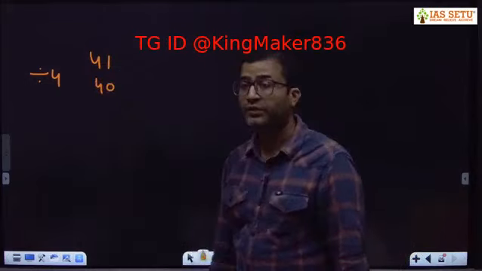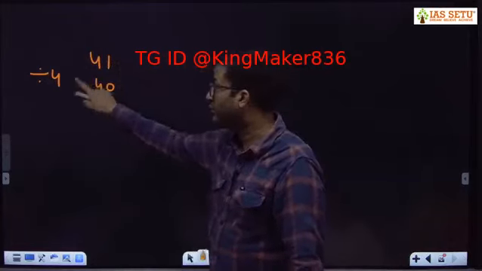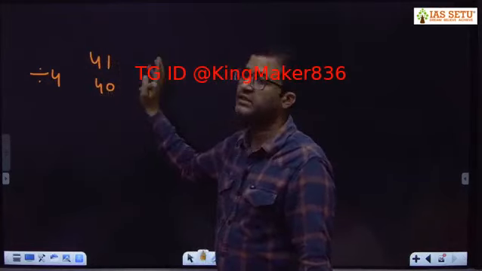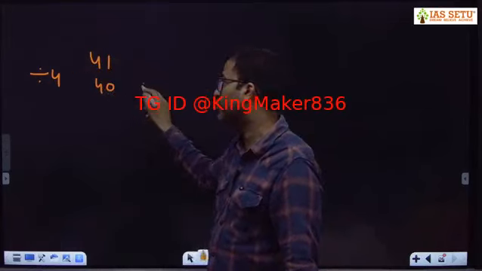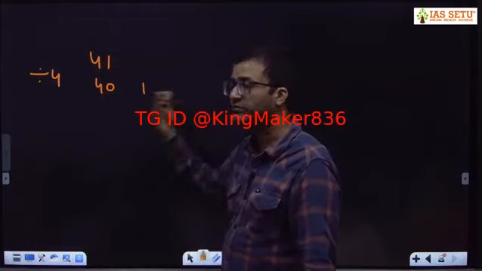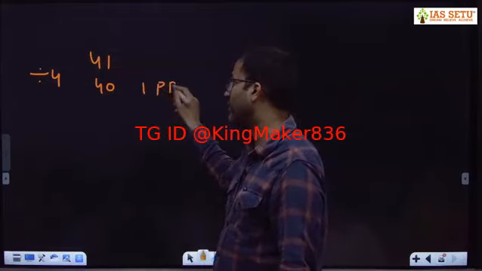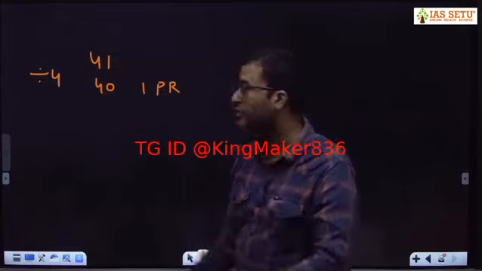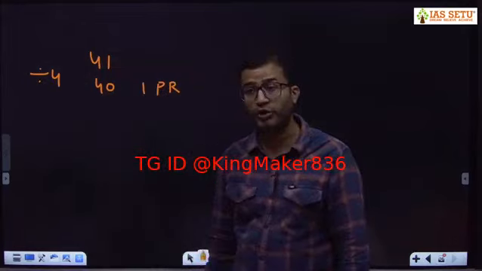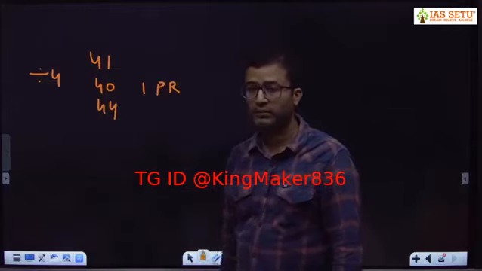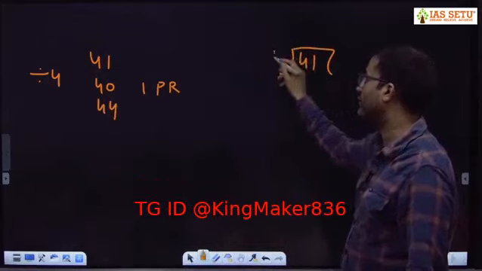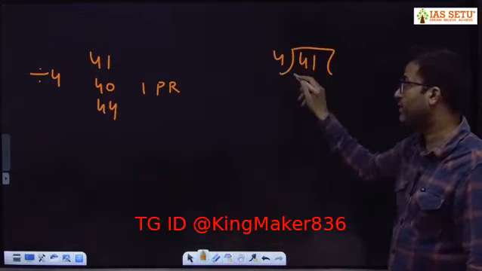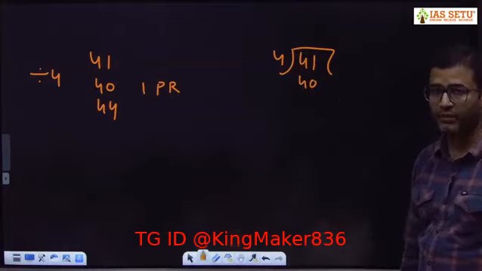The difference of the number with respect to the multiple of the divisor is known as remainder. The difference of 41 as compared to 40 is 1, and since it is 1 extra, your positive remainder is 1. But can you see there are two multiples of 4? 40, 44 also. School days, when your teacher told us 41 when we divide by 4 and we take the multiple of 4 here, 40.